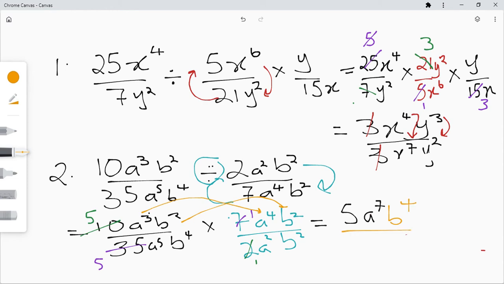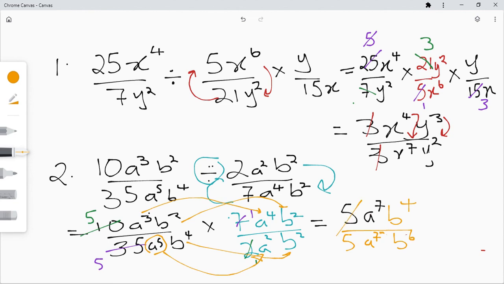Divided by 5, a to the power 5 times a squared gives us a to the power 7. b to the power 4 times b squared gives us b to the power 6.